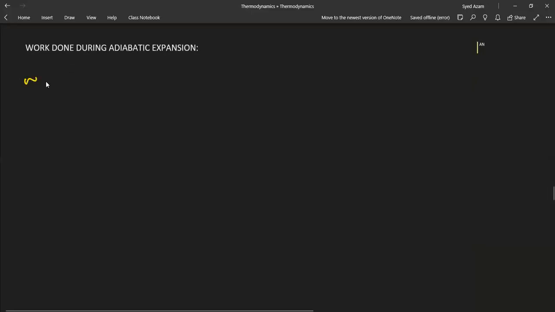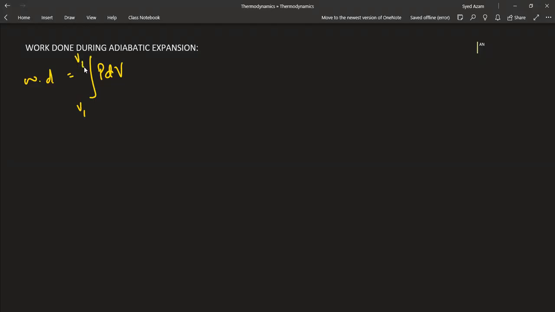So I'll start with the variable work done first. Whenever you have the work done during the adiabatic process, work done is P dV. So we are integrating from V1 to V2.